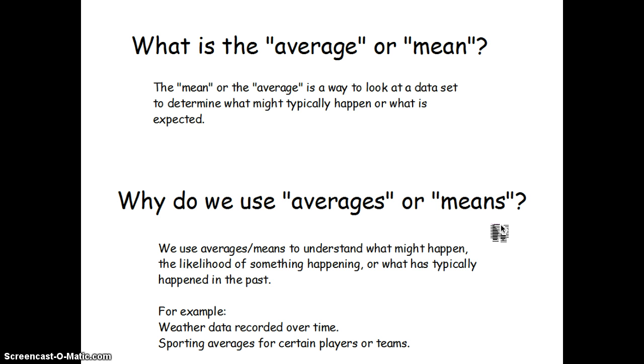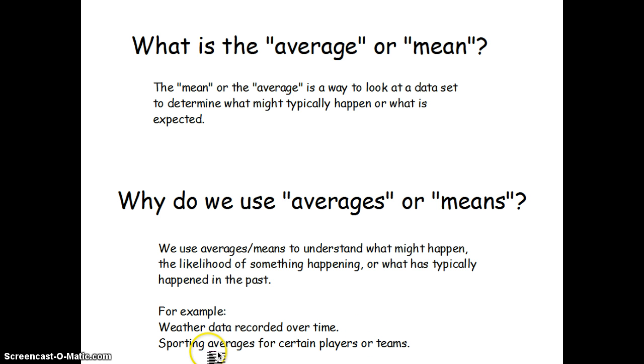A lot of times we hear averages in weather data. You hear meteorologists often say the average temperature for today is 56 degrees. Well, that doesn't mean that some days it's not higher or some days it's not lower. It just means that on average we can usually expect a day that's going to be about 56 degrees.